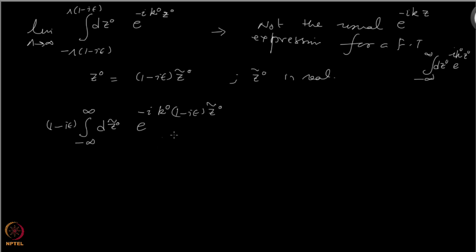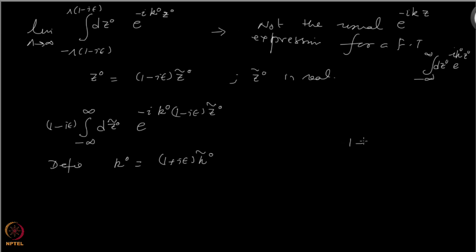Okay. So, again this is not looking like your Fourier transform, but at least the integration limits are okay, but here these are not real objects. So, now what I can do is define k naught to be 1 minus I epsilon times 1 plus I epsilon times k tilde naught. Okay. So, if I do so, then k naught times 1 minus epsilon, because when I take the inverse and multiply the inverse of 1 plus epsilon on both sides.